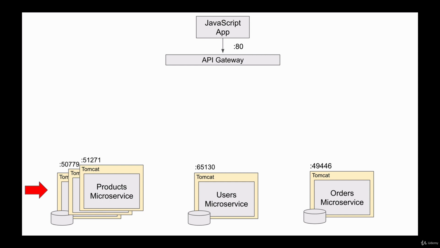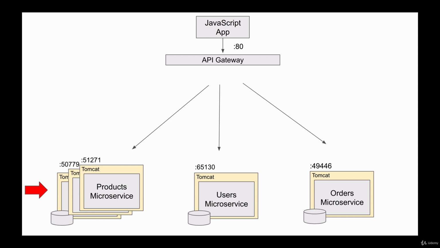API Gateway acts as a central point of entry for all HTTP requests that are sent to your application. It accepts HTTP requests and then it routes the request to a destination microservice. Our JavaScript application does not need to know the location of all microservices. It only needs to know the address of our API Gateway, and API Gateway will then route the HTTP request to a destination microservice.